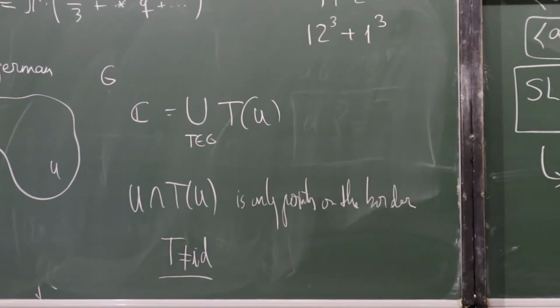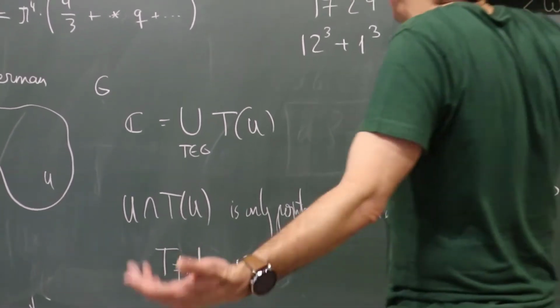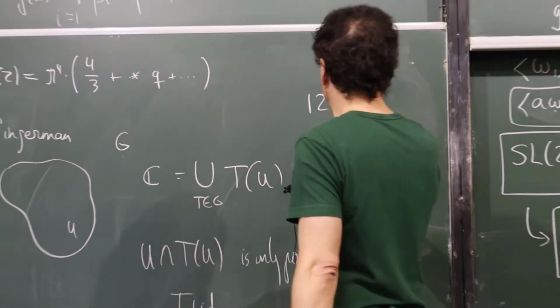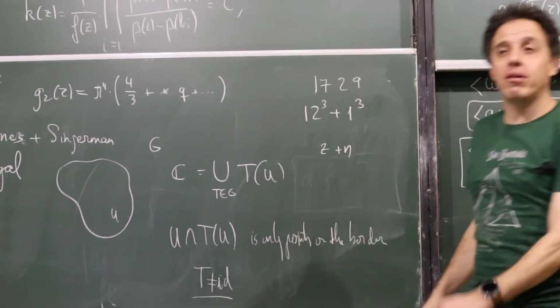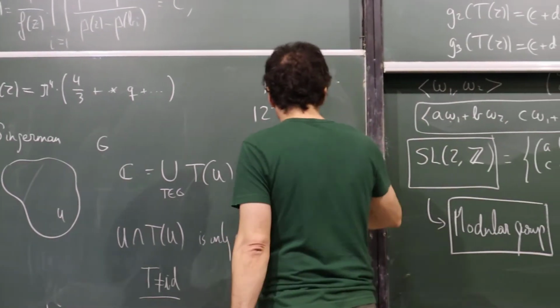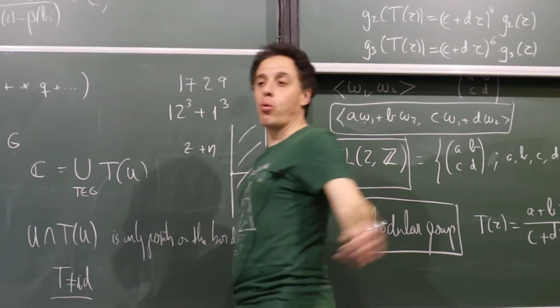And such a set is called a fundamental domain. For instance, if you take the group generated by translations z plus n, where n is an integer, a fundamental domain would be a strip of width 1.